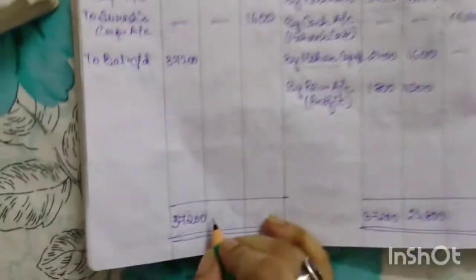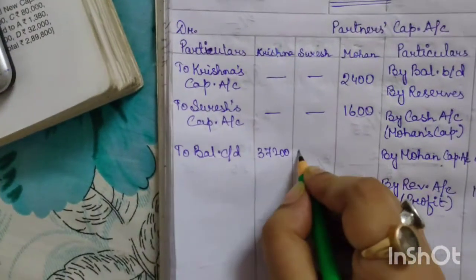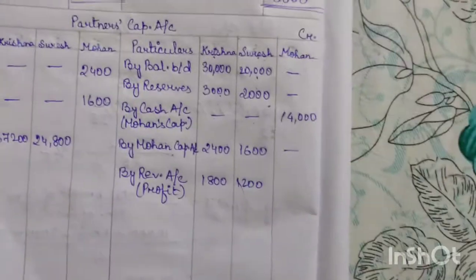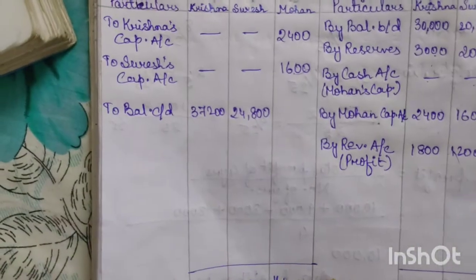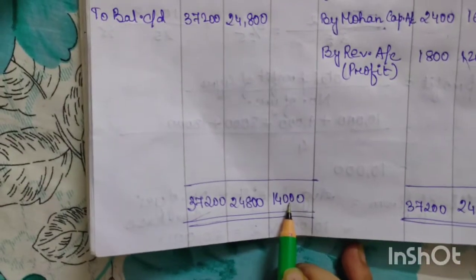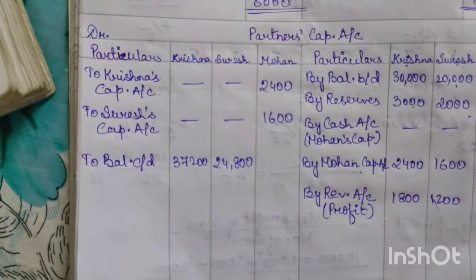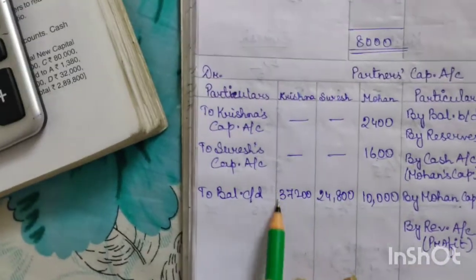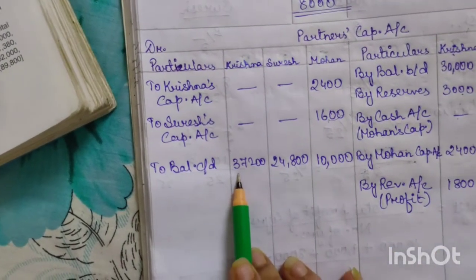Here also we will write 24,800 and nothing to deduct, so we can write here 24,800. Now here for Mohan it is 14,000. Here also we will write 14,000. Now from 14,000, if we deduct 2,400 and 1,600, that is 4,000, we will get 10,000. So this is the balance carried down amount for Krishna, Suresh and Mohan, and this is their new capital.